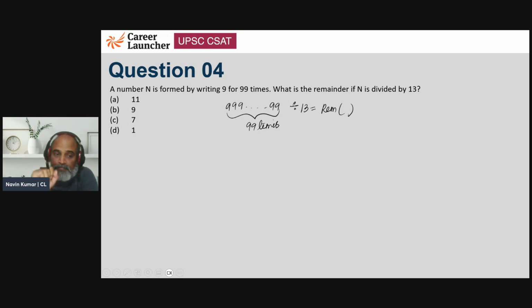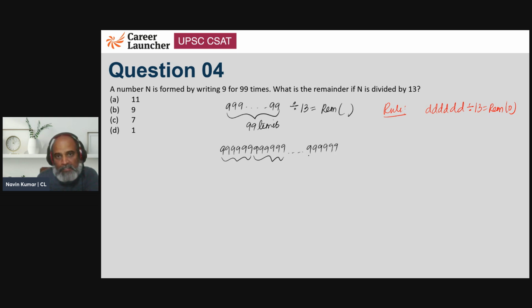Right? Now, it uses a rule which states that if you write any digit 6 times, and if you divide it by 13, you get remainder as 0. So basically, I can change this particular problem as groups of 6 nines, and then again groups of 6 nines, and again group of 6 nines.